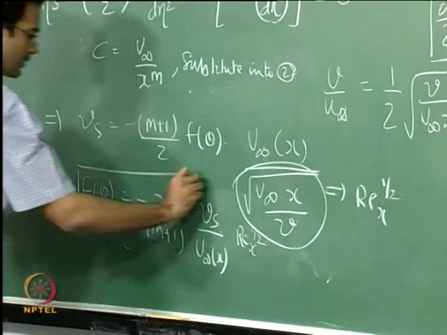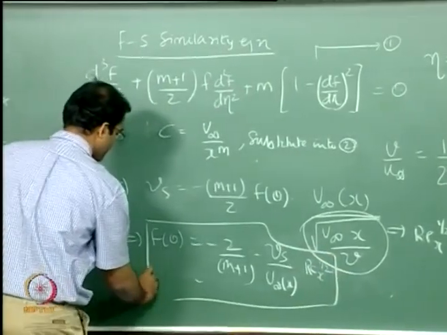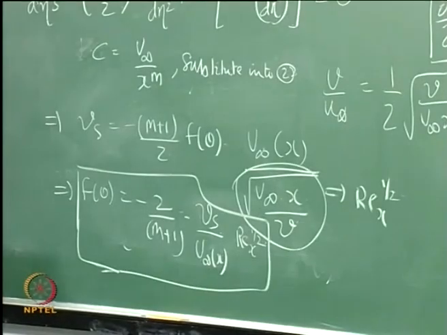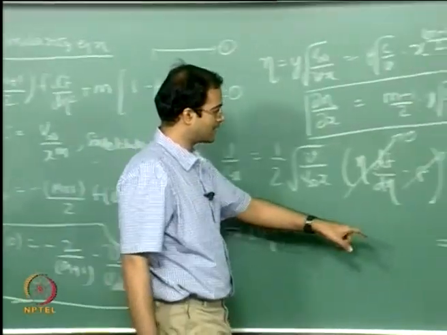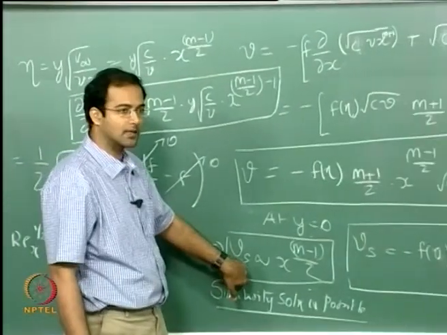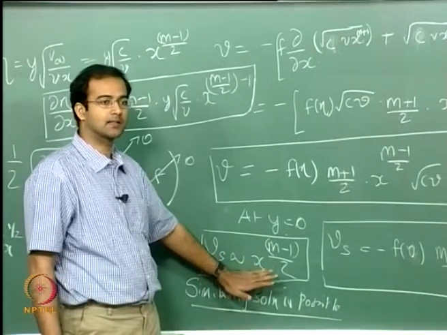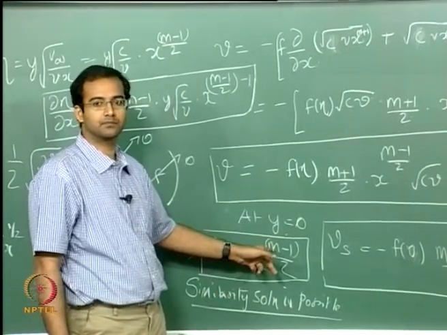So this is your boundary condition now, okay. So you have put a condition on the variation of your transpiration velocity with your x, it has to vary this way for a given value of m, okay.